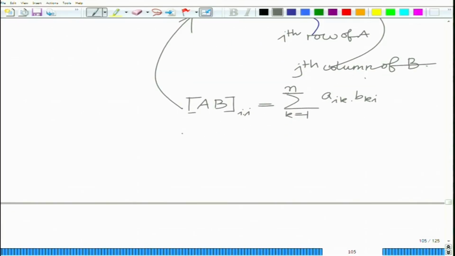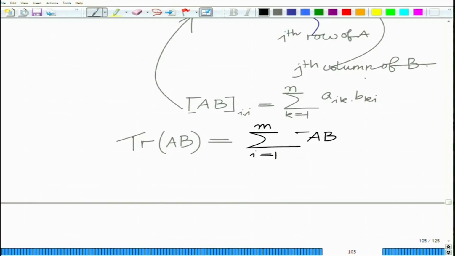And now trace of AB. Recall that trace of AB is nothing but the sum of the diagonal elements. So, you have to take the summation over i equals 1 to m of all the diagonal elements AB ii, correct.